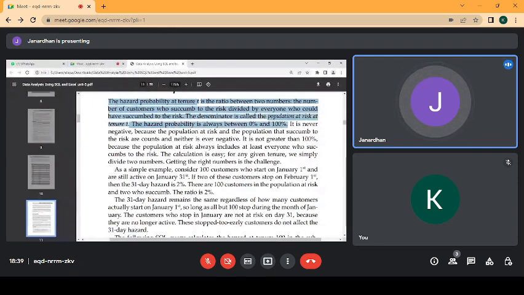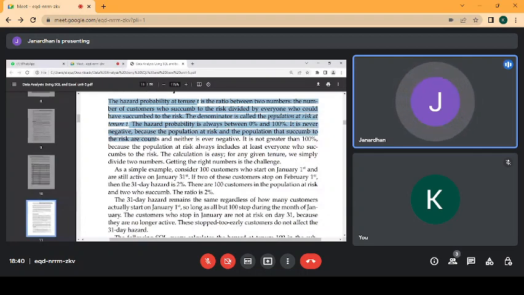It is never negative because the population at risk and the population that comes to the risk are counts, and neither is ever negative. It is never greater than 100% because the population at risk always includes at least everyone who comes to the risk.